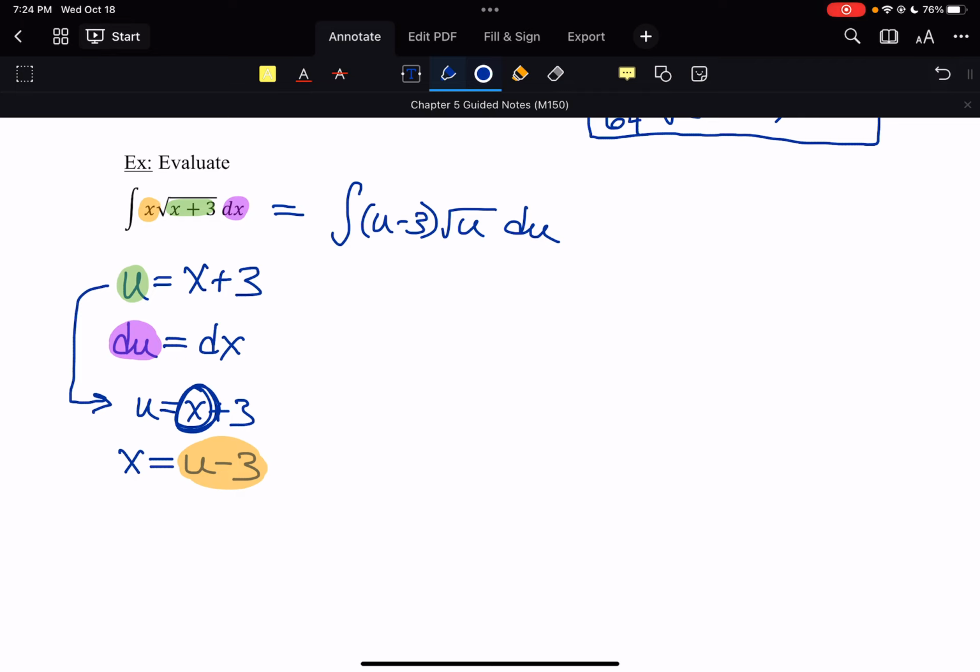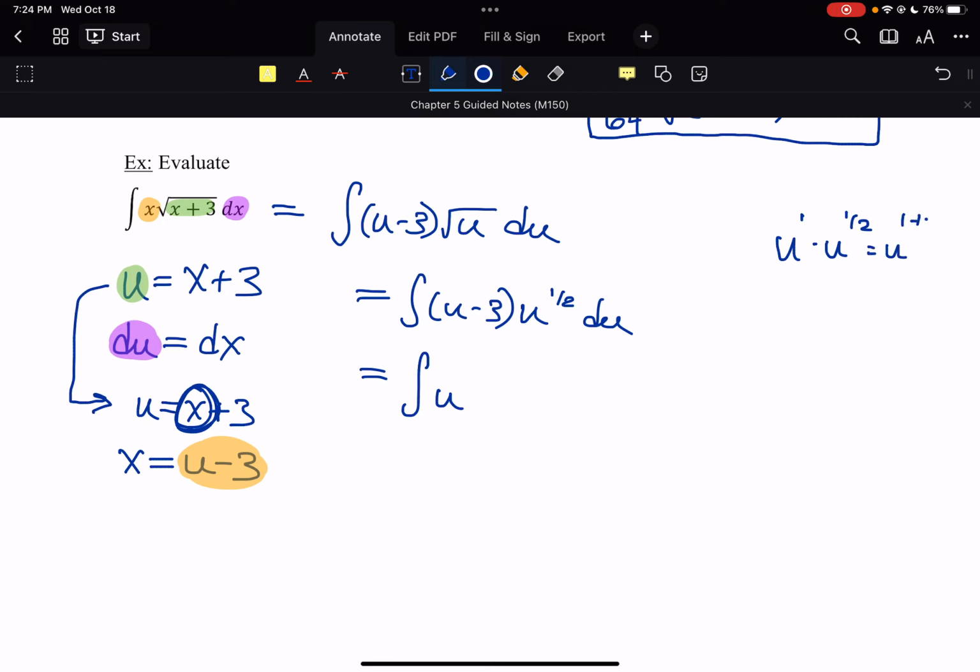Because now from here, the radical u is going to be u to the 1/2. So we can distribute that to both of those terms. So we're going to get u to the 1 times u to the 1/2. That's u to the 1 plus 1/2, which is 3/2. So we get u to the 3/2 minus 3u to the 1/2 du.